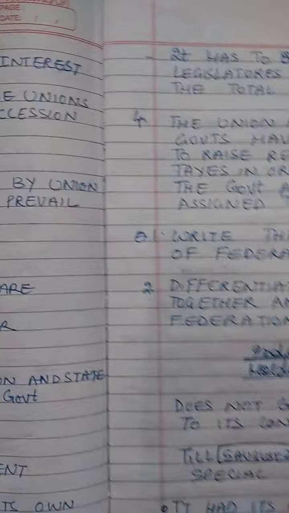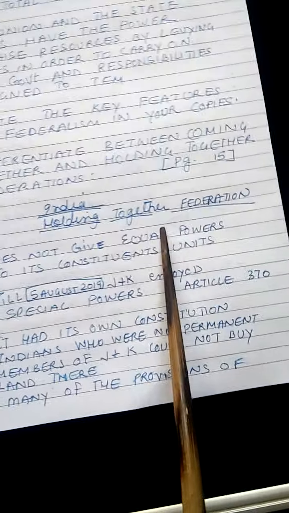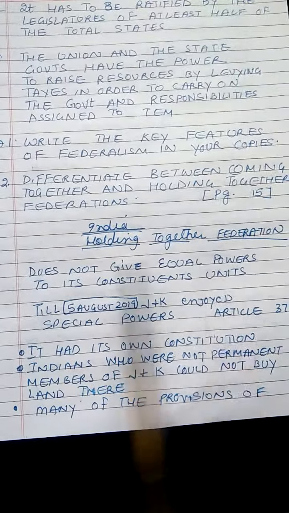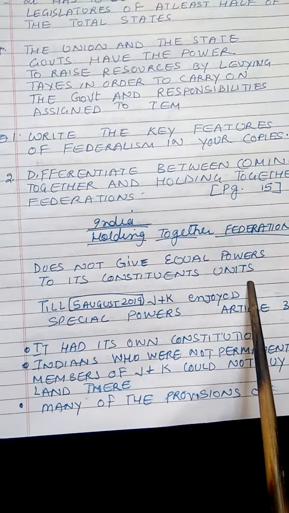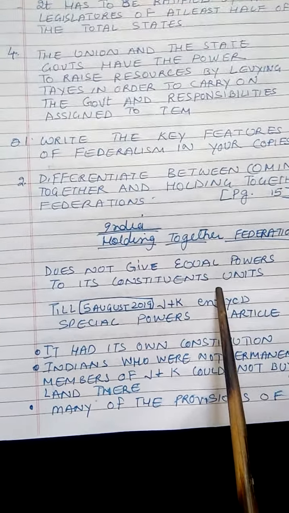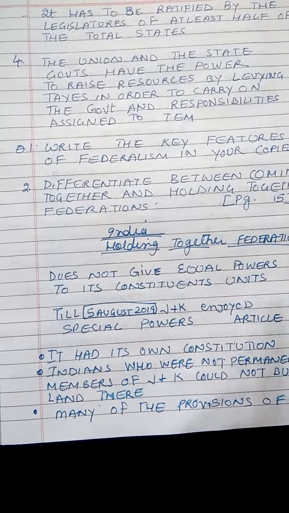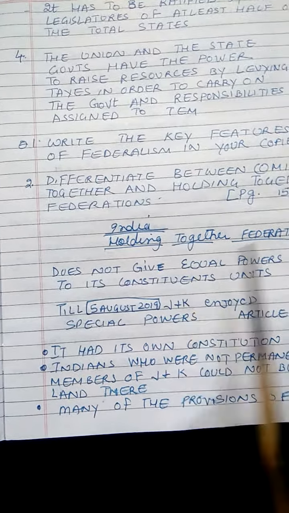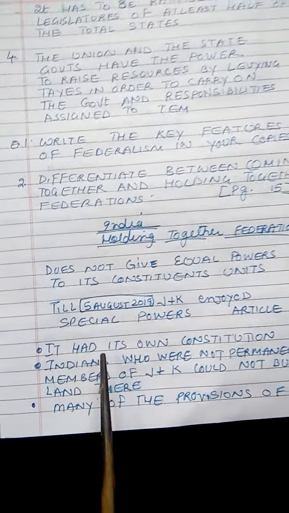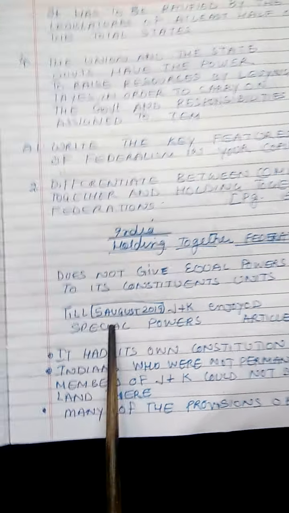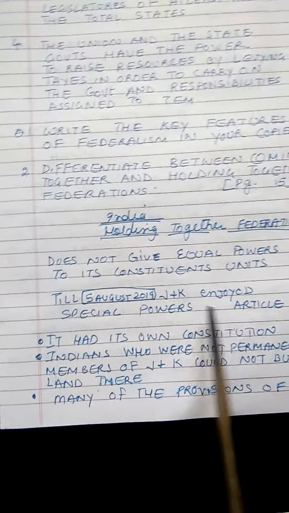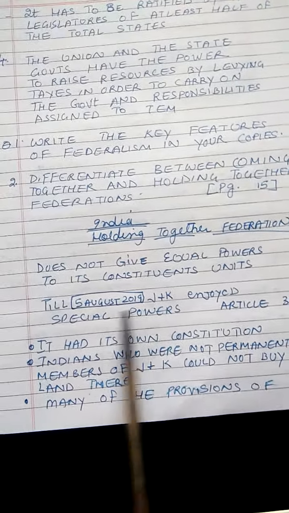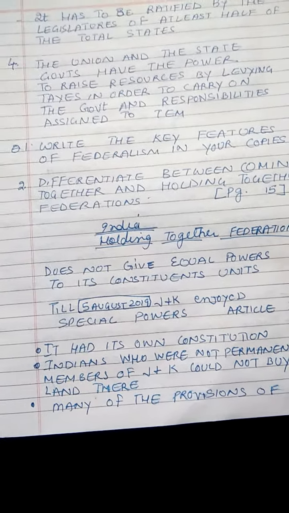And one more thing that I would like to talk about is, since India is a holding together federation, India does not give equal power to its constituent units. Constituent units in India, we have 28 states and 8 union territories. Now, till 5th August 2019, Jammu and Kashmir enjoyed special power because of Article 370.